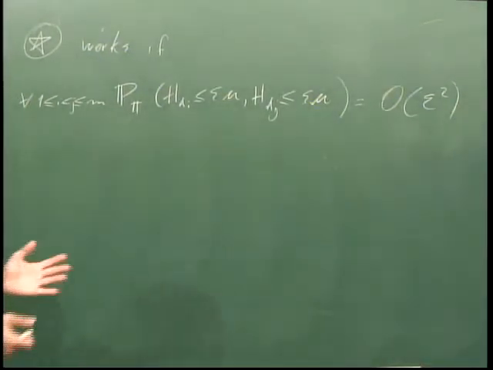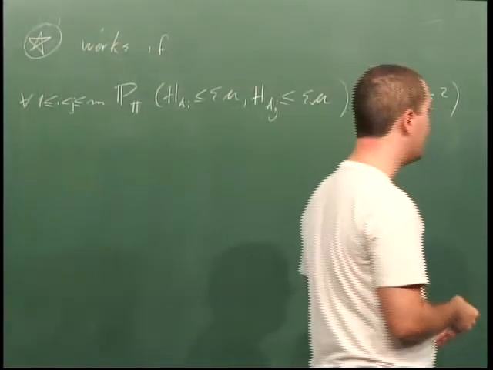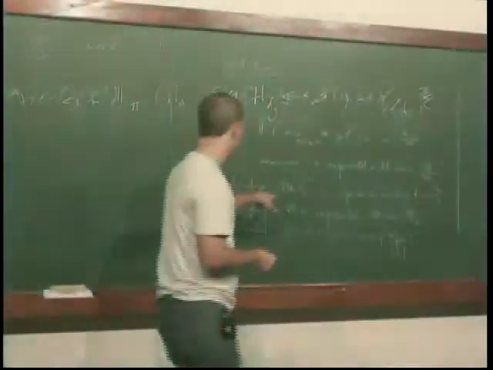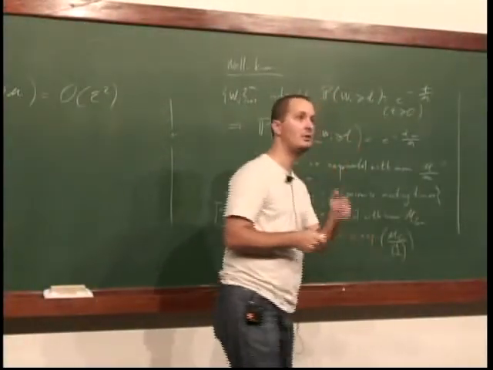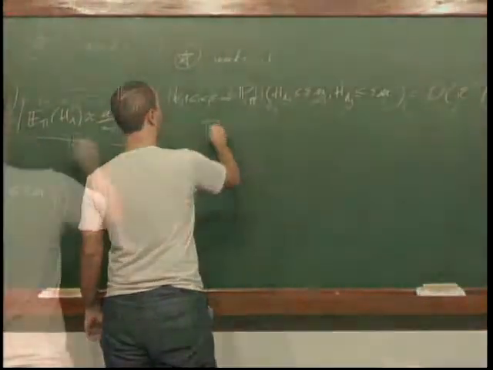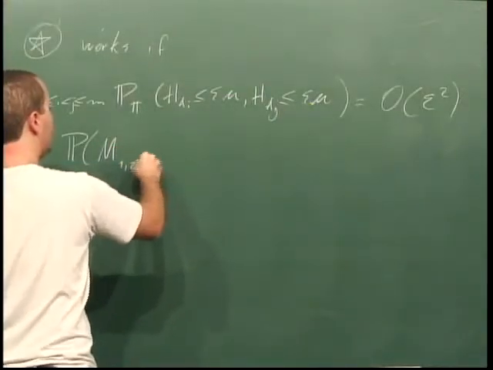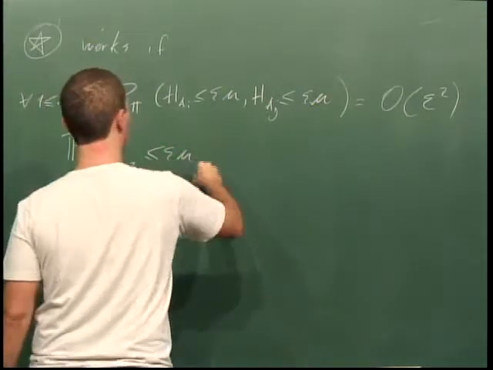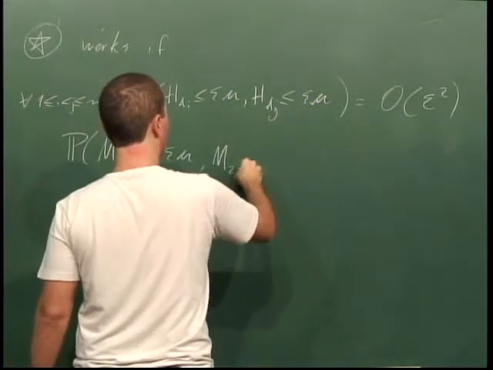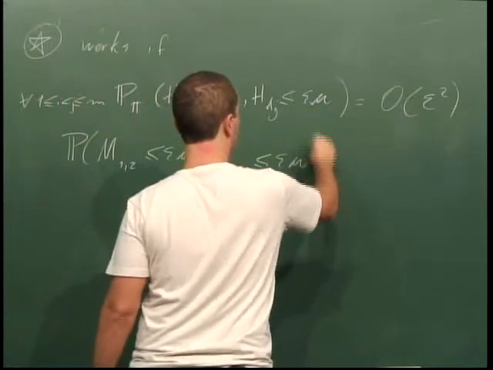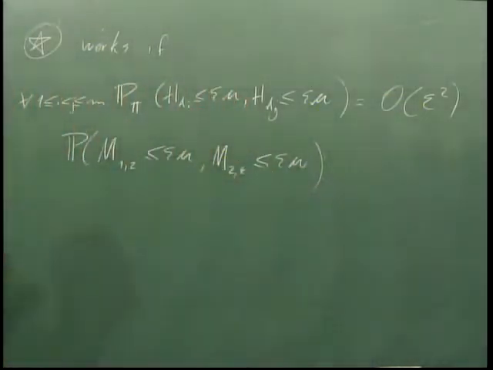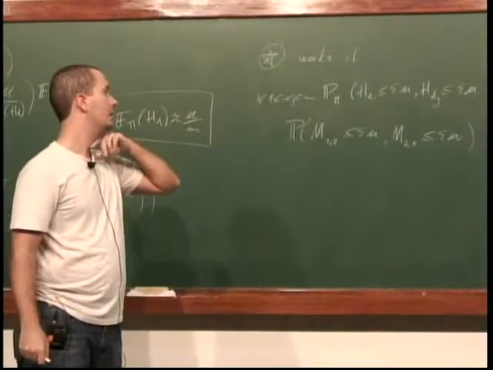Now let's talk about a specific case. We have meeting times, and the random variables are the pairwise meeting times. You want to see the probability, say, that 1 and 2 meet before time epsilon times mu, and then 2 and 3 meet before this time. Why can you use a constant?